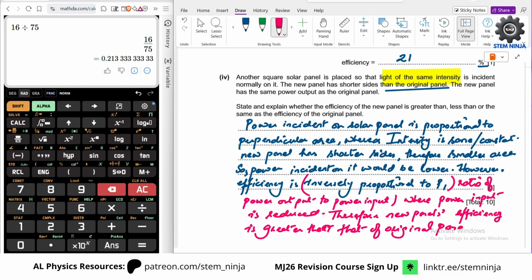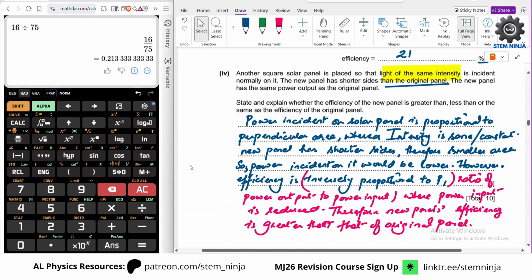Now you can shorten this a little bit and retain just the key points. However, this is the explanation.